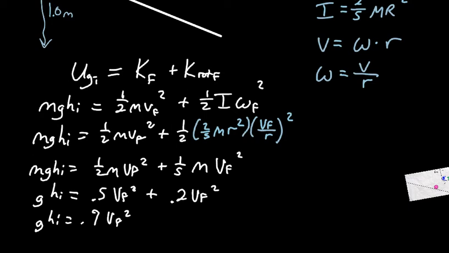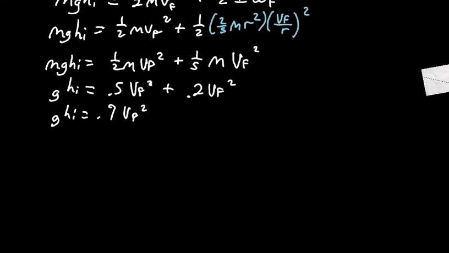Hey, that's an equation we can solve, so let's plug in our known values. I've got 9.8 meters per second squared, my initial height of 1.0 meters, equal to 0.7 times vf squared. And this is interesting.